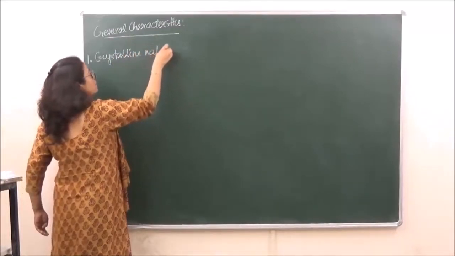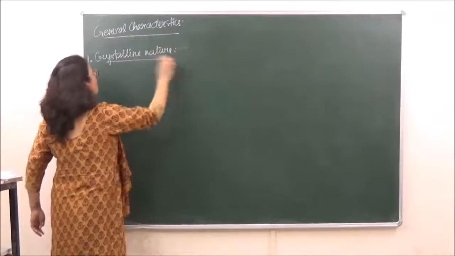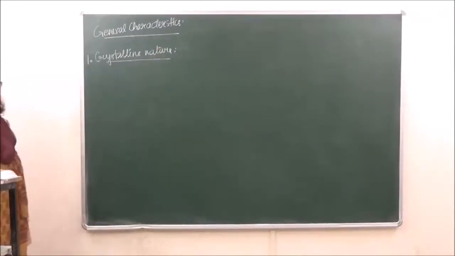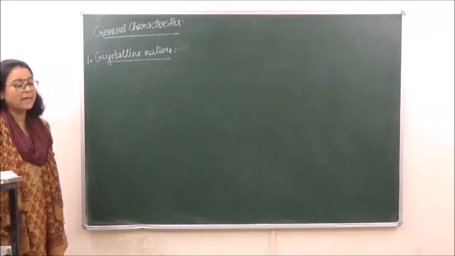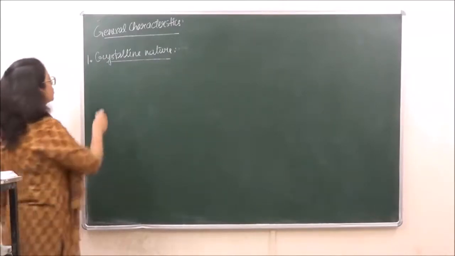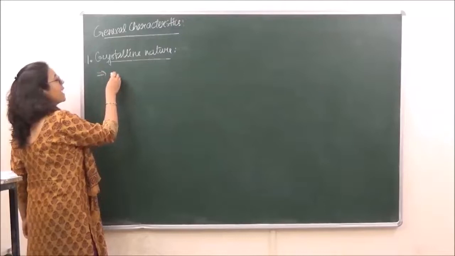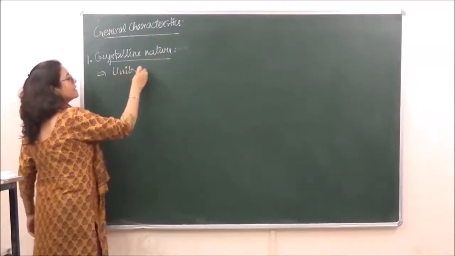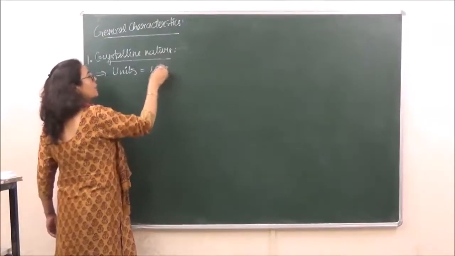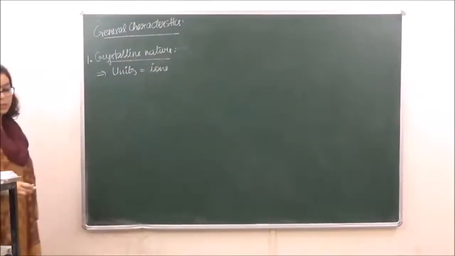All the compounds which have ionic bonds are going to be crystalline in nature. So basically the units present in ionic compounds are going to be ions and not molecules.